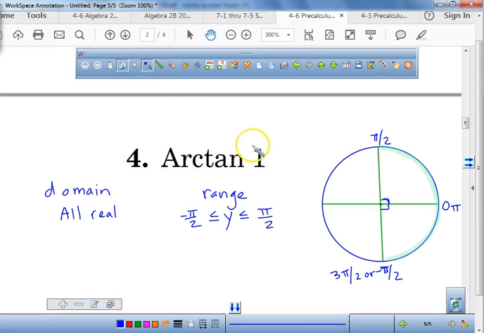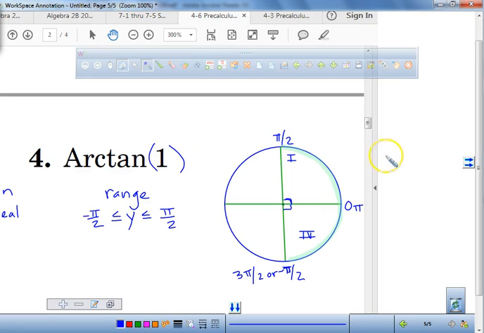So here's what we have. We are saying the arctangent of what number? 1. So you either are going to be in quadrant number 4 or you're going to be in quadrant number 1. Now, tell me about your values for x and y in quadrant 1. They're all positive.